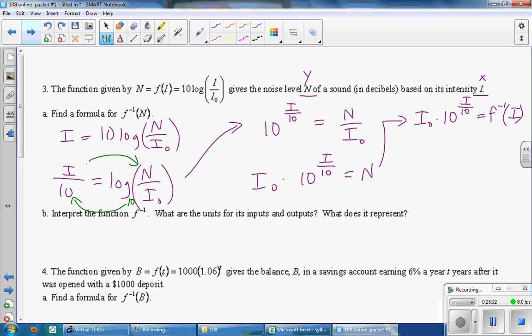So we're just going to change the I's right here and right here to n's, because that's a natural thing to do. We want f inverse of n. So then our final answer for this one, f inverse of n equals, the I's become n's, but I naught doesn't change, it's just a constant. This becomes n divided by 10.